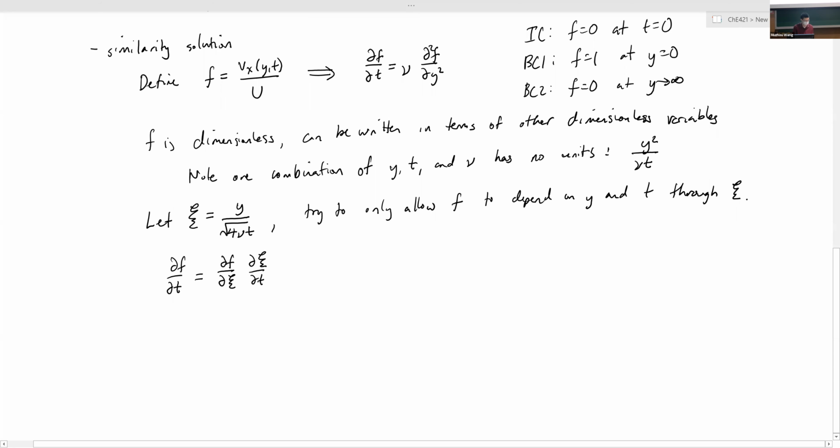And because we know how xi depends on t, then we can just write this out here. So this is just equal to df dxi times the derivative of this with respect to time. Bear with me for a second. That derivative looks something like this.